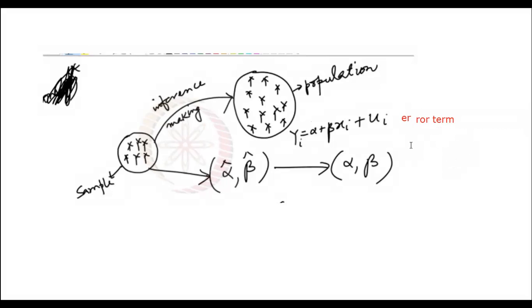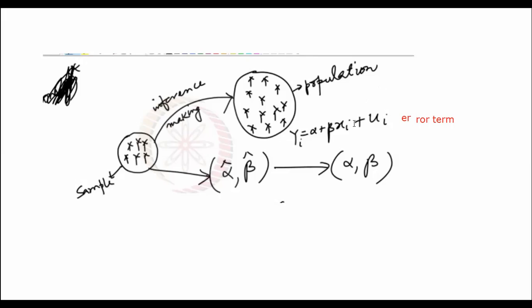Each and every variable cannot be introduced in a mathematical model. So usually we introduce the ui error term. Before conducting econometric analysis, we convert this mathematical model into a statistical one by adding this stochastic error term. And this error term captures the influence of other omitted variables.